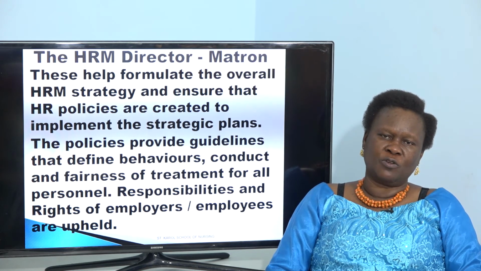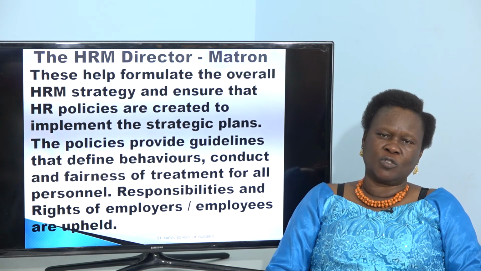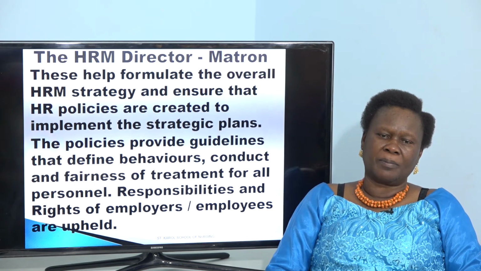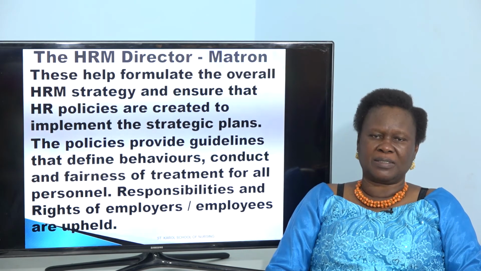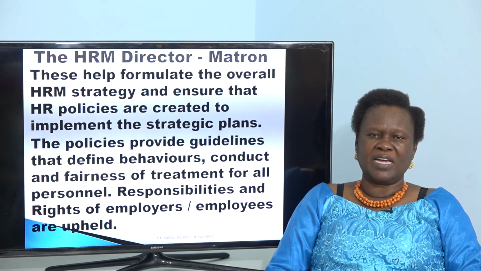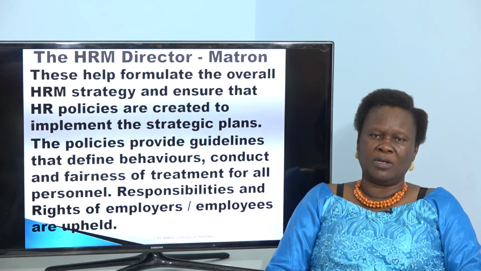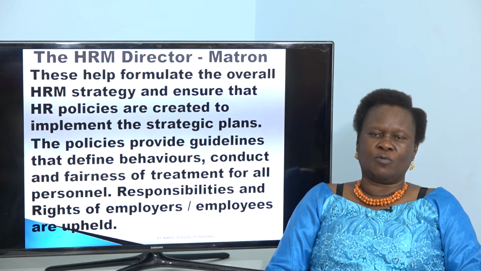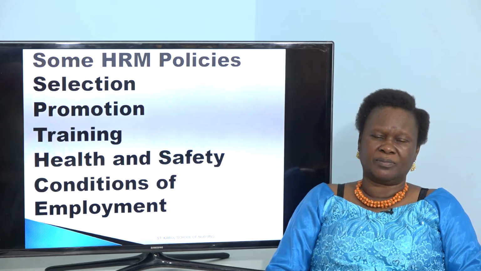These help formulate the overall human resource strategy and ensure that human resource policies are created to implement the strategic plans. The policies provide guidelines that define behavior, conduct, and fairness of treatment of all personnel. Responsibilities and rights of employers and employees are upheld.